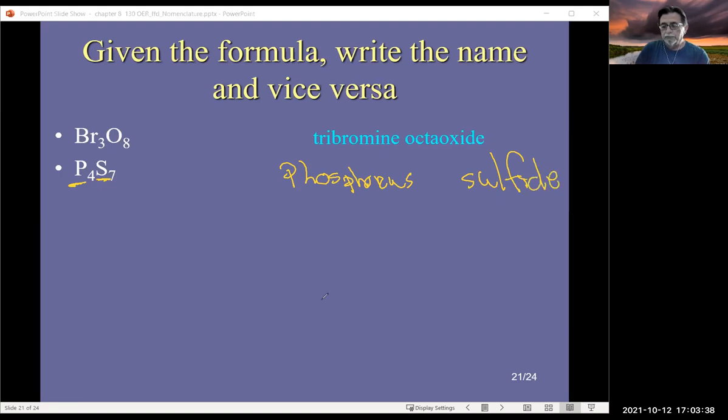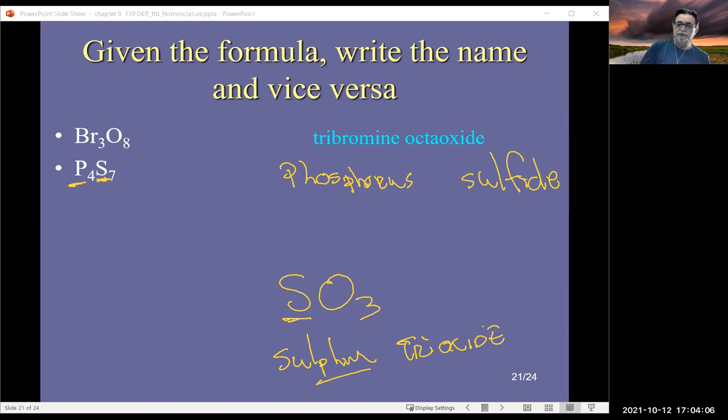Compared to this scenario, SO3, where the sulfur is the central atom, and so its name remains sulfur trioxide, in an example I just wrote here at the bottom. Note the difference. Sulfur stays sulfur because it is a central atom, and in this scenario it becomes sulfide because it's not the central atom.